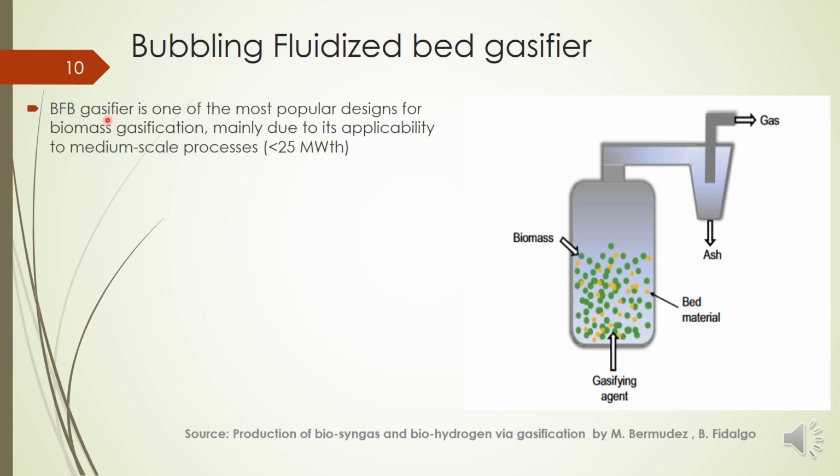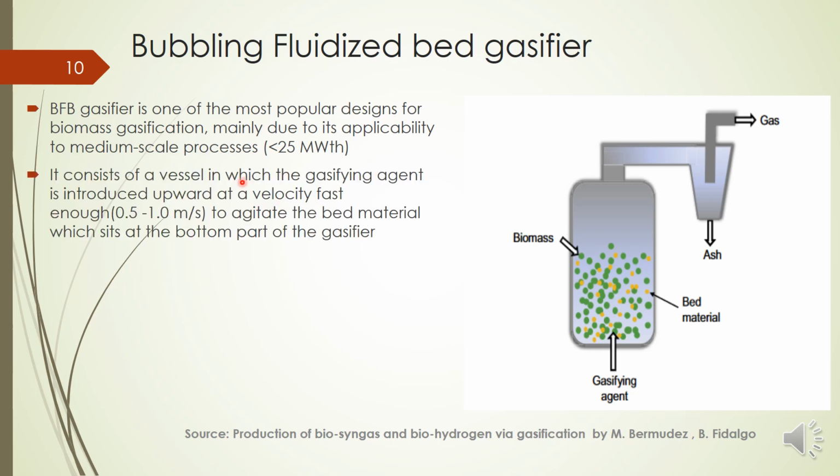The bubbling fluidized bed gasifier is one of the popular designs, and it is mainly applicable to medium scale applications, like 25 megawatt or around that. Less than 25 megawatt we can use these BFB gasifiers. It mainly consists of a reactor vessel where we introduce a gasifying agent, air or steam, upward, and the velocity of this air or steam will be 0.5 to 1 meter per second.